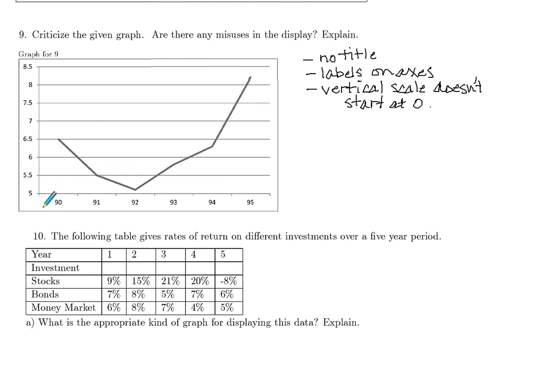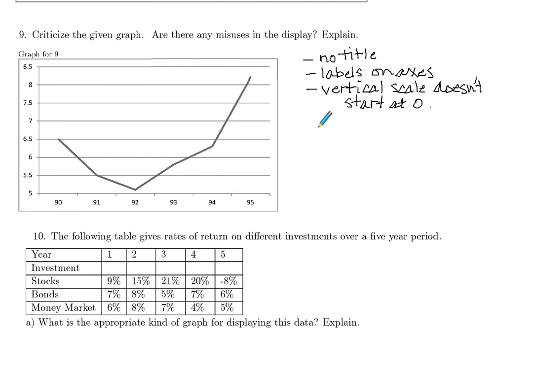And then you'll want to check the scaling and see if there's an uneven scale. That's another way that things can get distorted. These are all going up in increments of 0.5, and that's consistent all along that axis, so that's okay. And here the years are going up 90, 1, 2, 3, 4, 5, one year at a time. They didn't skip a year and alter the scale here.